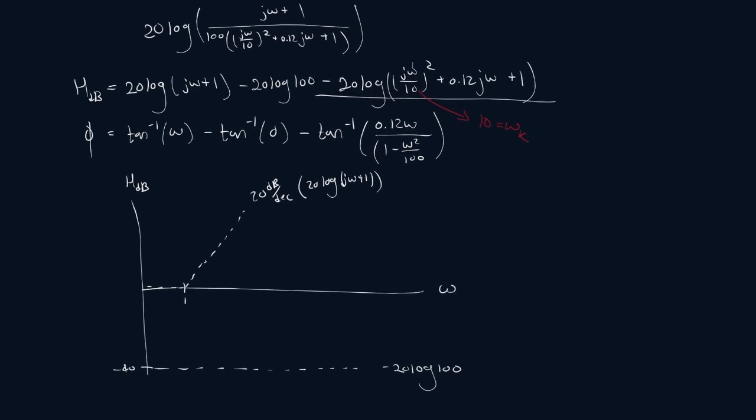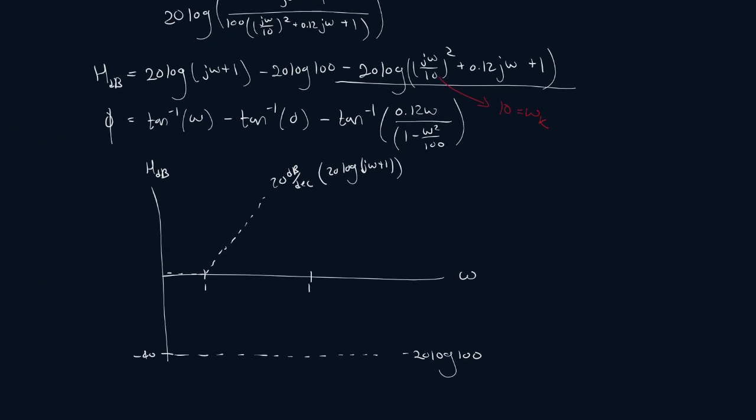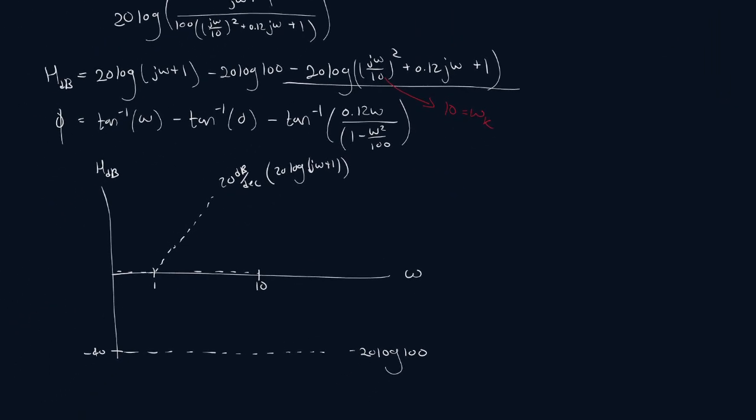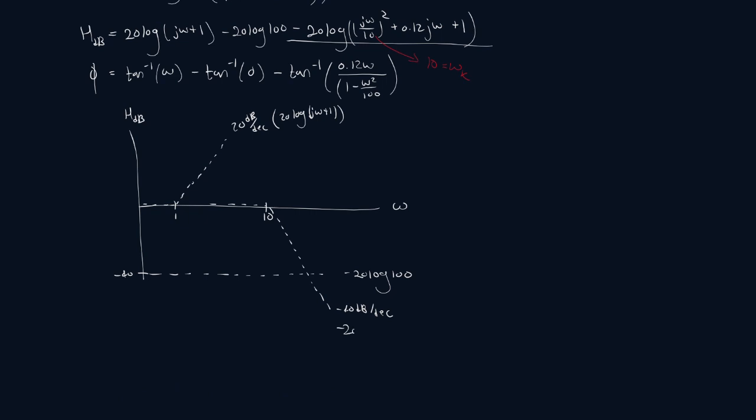So at 10, we break, and we have a slope of minus 40 decibels per decade if n is 1, which in this case it is. So this one will be minus 40 decibels per decade for minus 20 log of jw over 10 squared plus 0.12 jw plus 1.